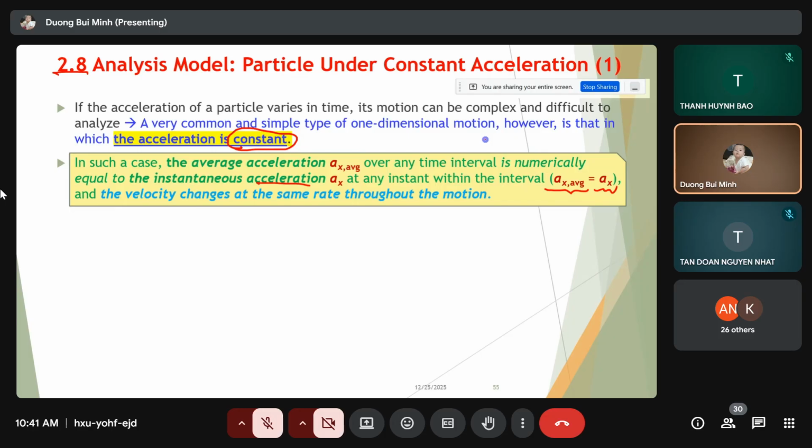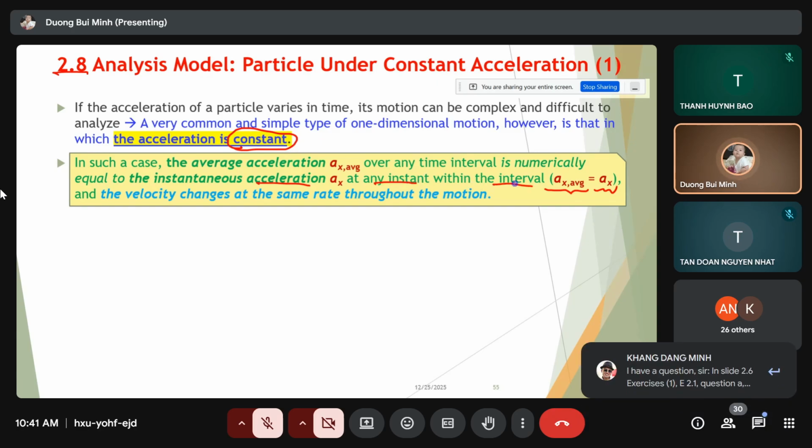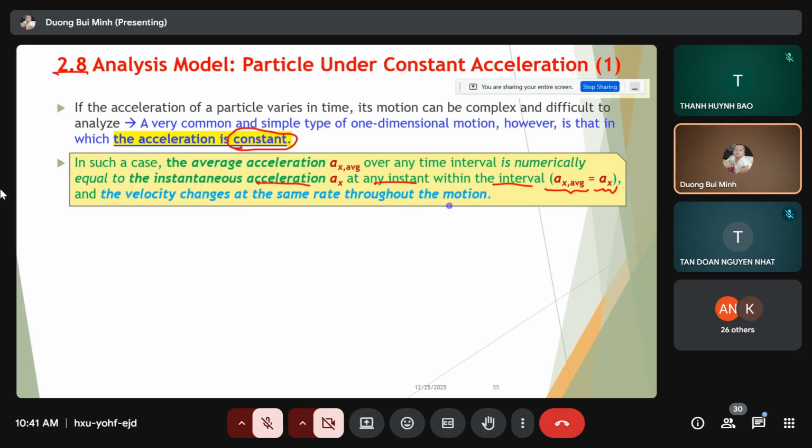at any instant within the interval, and the velocity changes at the same rate throughout the motion.